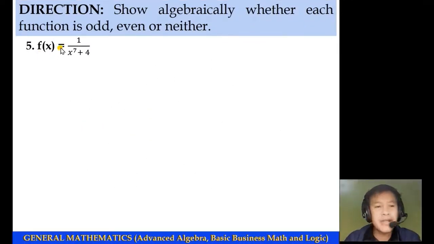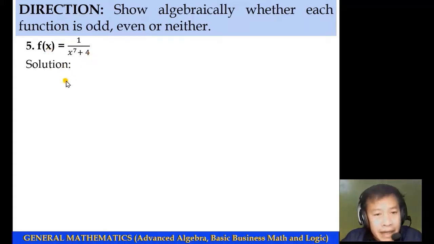F of x is equal to 1 over x raised to 7 plus 4, and this is a rational function. So we are going to verify by substituting x with the additive inverse of x, and that is negative x. The first thing that we are going to do in our solution is to copy our original function.